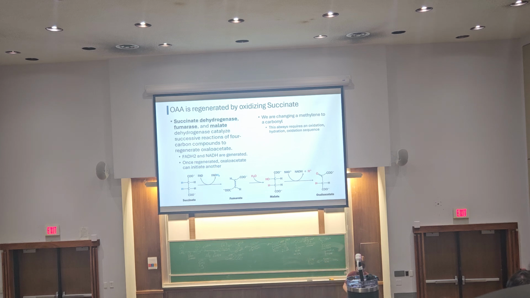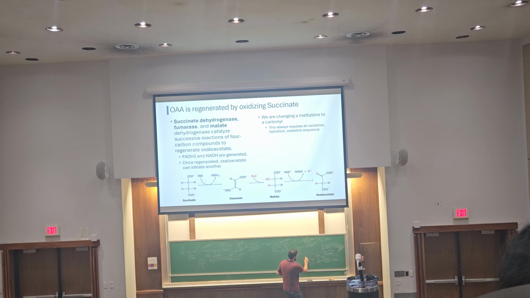What's the electron acceptor when we oxidize a carbon-carbon bond? FAD, right? FAD, because the reduction of FAD takes less energy. Reducing a carbon-carbon bond doesn't produce enough energy to reduce an NAD+ to NADH, but it can reduce an FAD to an FADH2.